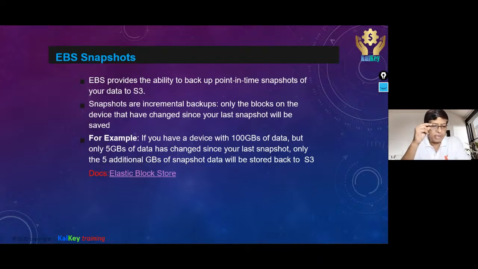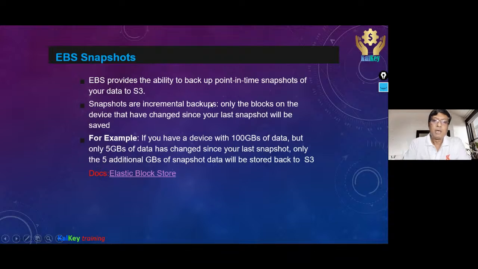What is a snapshot? At the end of the day, you take a point-in-time snapshot, or a backup, you can say, and put it into the S3 bucket. Next time, you will just keep taking snapshots for incremental backups.